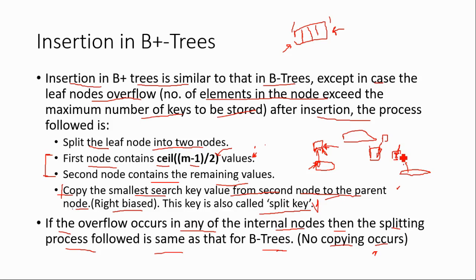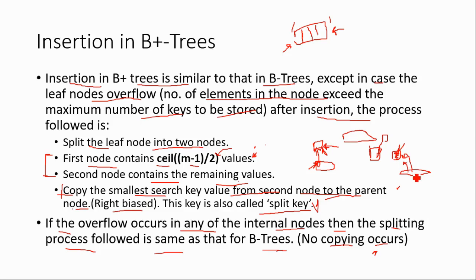Now as we have deleted from the internal node, we have to again copy some other leaf node element to the internal node, so that this preserves the property of the B plus tree.